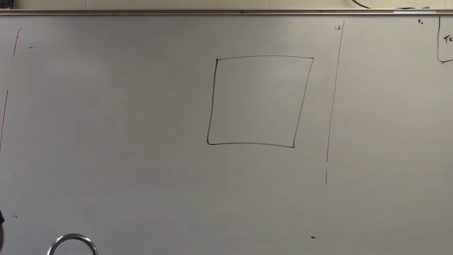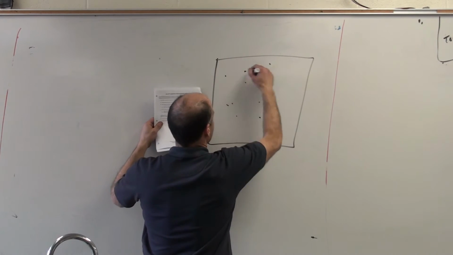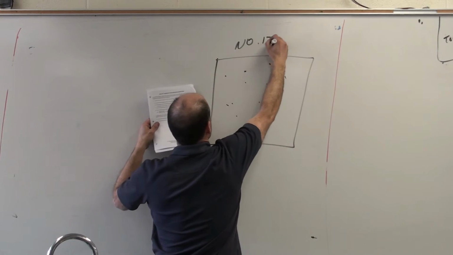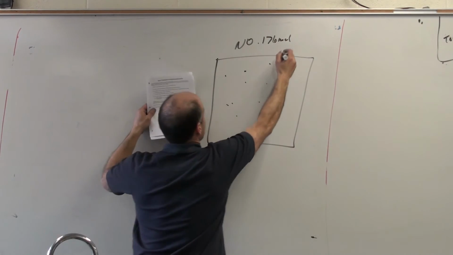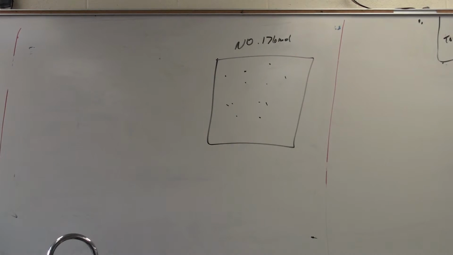So we've got nitrogen monoxide, 0.176 moles of it. And we're gonna add an equal amount of oxygen.